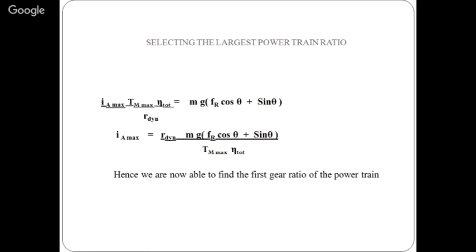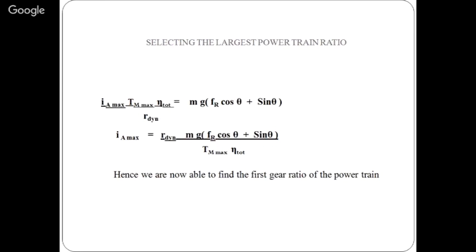And selecting the largest powertrain ratio. So as I explained earlier, the T_max torque available from the engine multiplied by the first gear ratio and the efficiency of the transmission will be equal to the torque requirement of the vehicle in steady state condition for a particular inclination.